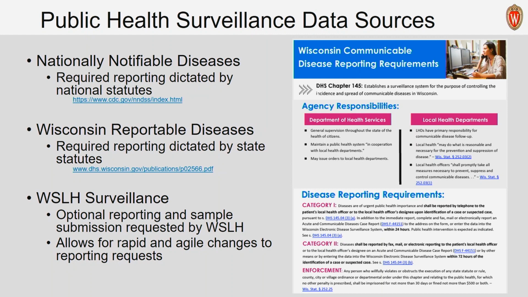Now, because this is government and changing things in government can sometimes be very, very slow, we've built on additional surveillance measures through the Wisconsin State Laboratory of Hygiene. We don't imprison you if you don't report, but it has that flexibility of going really quickly. We can ask for something new and emerging right away. We don't have to wait through full government approvals to ask for this.